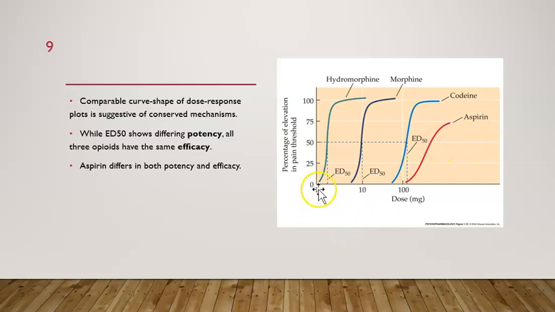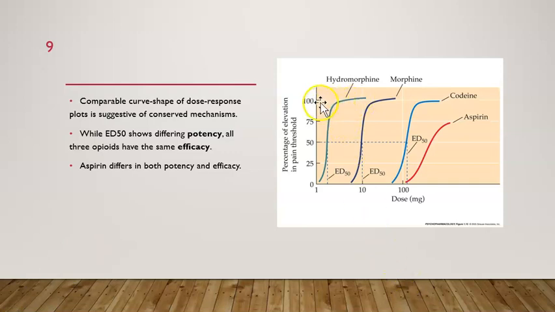So here we're looking at different opioids, comparing the curve shape in a dose response plot. ED50 shows us potency. However, all three opioids have the same efficacy. Efficacy is the maximum effect possible when given a drug.